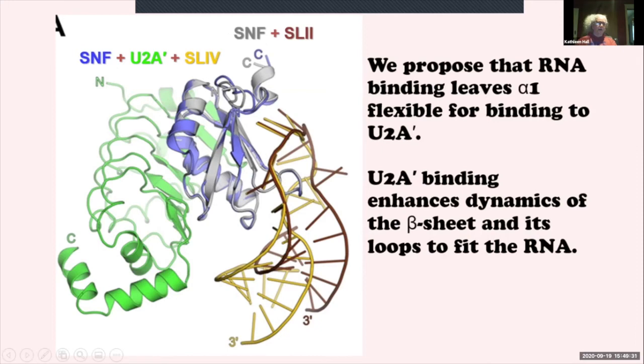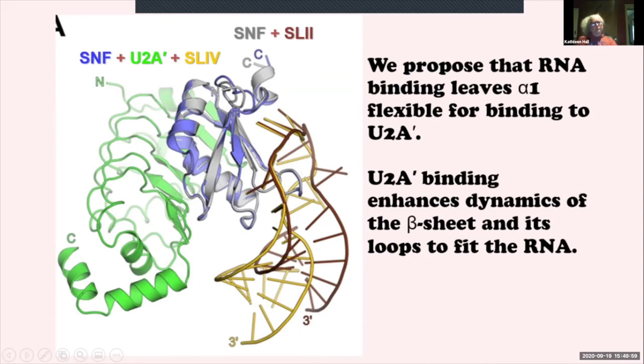Here's our RRM, and you can see that there's heterogeneity in the crystal structures for where that C-terminal domain is hanging out. Here are the two RNAs that are bound. And there is a difference in the structure of the loops, and also not in the position but in the interactions, and we'll see that a little bit later, of loop 3.